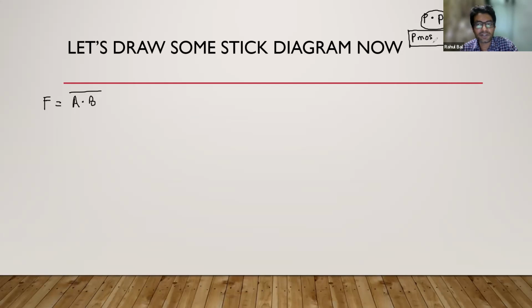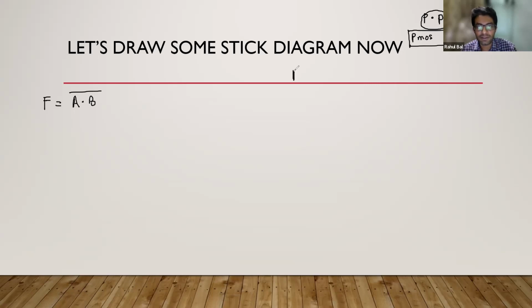The rest of the combination you can decide accordingly. Those who get confused or are not getting proper timing in the exam, suppose you are running very short on time and you have to manage the whole thing within 5 or 10 minutes, you can remember this trick. If PMOS is there and the dot operator, that means the AND operator, is there, you have to keep those transistors in parallel. So P dot P, only one. Once you remember this, the rest of the combination you can decide because they are opposite, right?